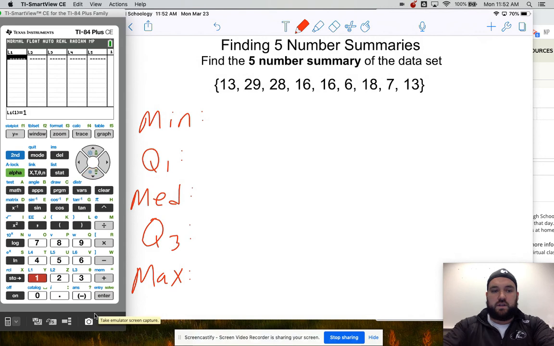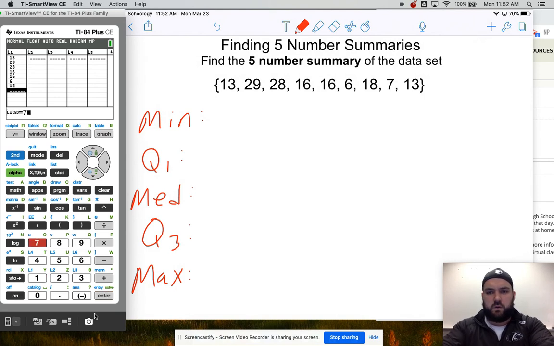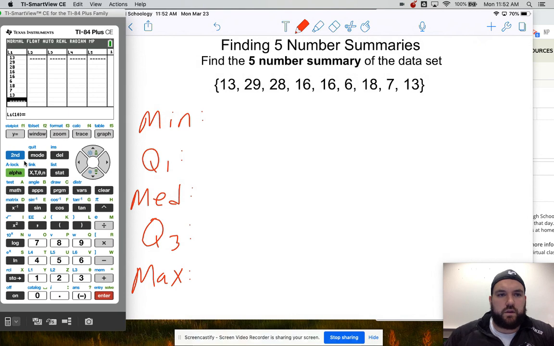So I have 13, 29, 28, 16, another 16. So 16 looks like it will be my mode, but I wasn't asking for mode. 7 and 13. Okay. So there's all my numbers. 1, 2, 3, 4, 5, 6, 7, 8, 9. Good to just double check.